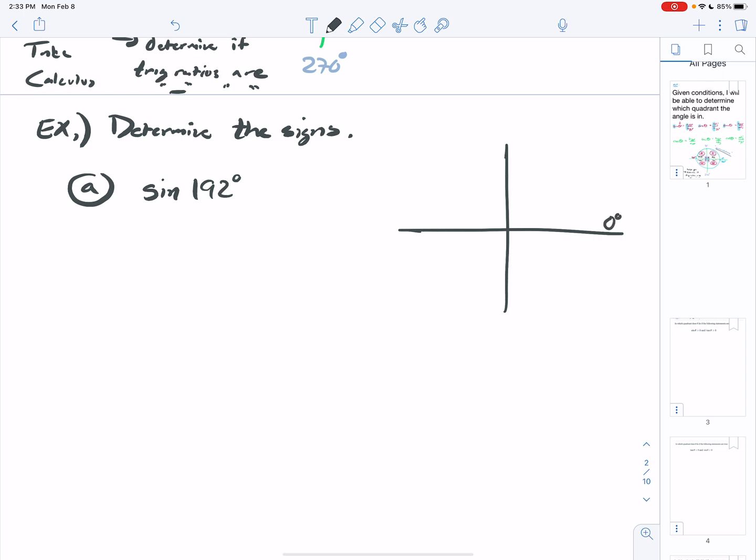So remember, we go from 0 degrees to 90 to 180 to 270 to 360. Later on, you're going to find out that these angles are called quadrantal angles, okay? Okay, so in my head, I'm thinking, let me figure out where I am. Which quadrant am I in? So 192 degrees is somewhere right here in between 180 and 270.